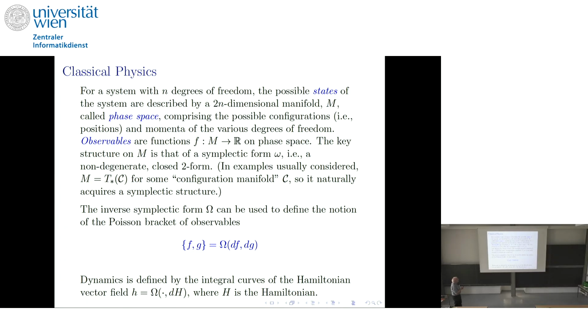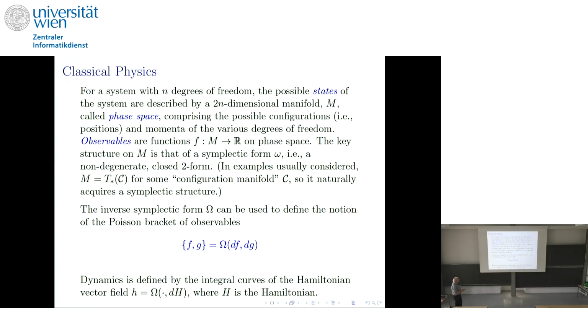In the classical viewpoint, the states of a system are points of some 2n dimensional manifold called phase space. Observables are just functions on phase space, and the key structure of phase space that one has is a symplectic form, a non-degenerate closed two form. In many cases, that structure is automatic because the phase space is expressed as the cotangent bundle of some configuration manifold.